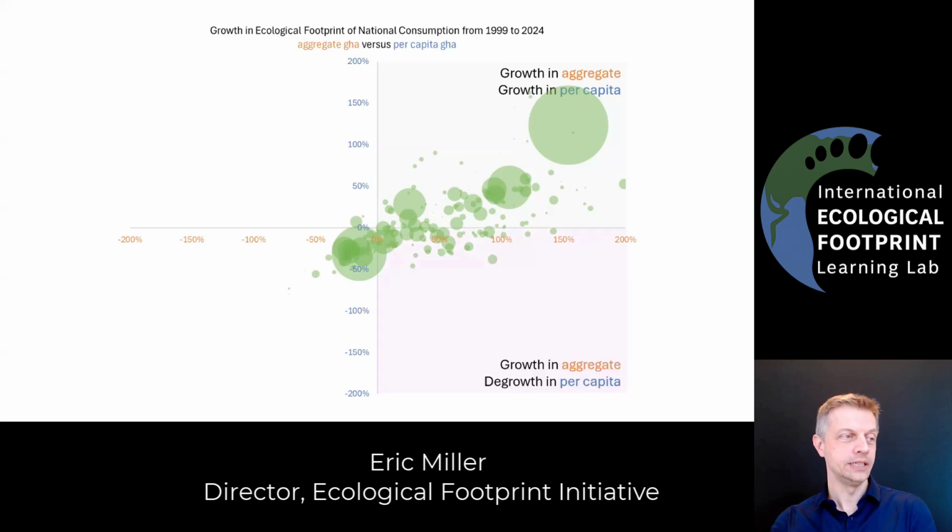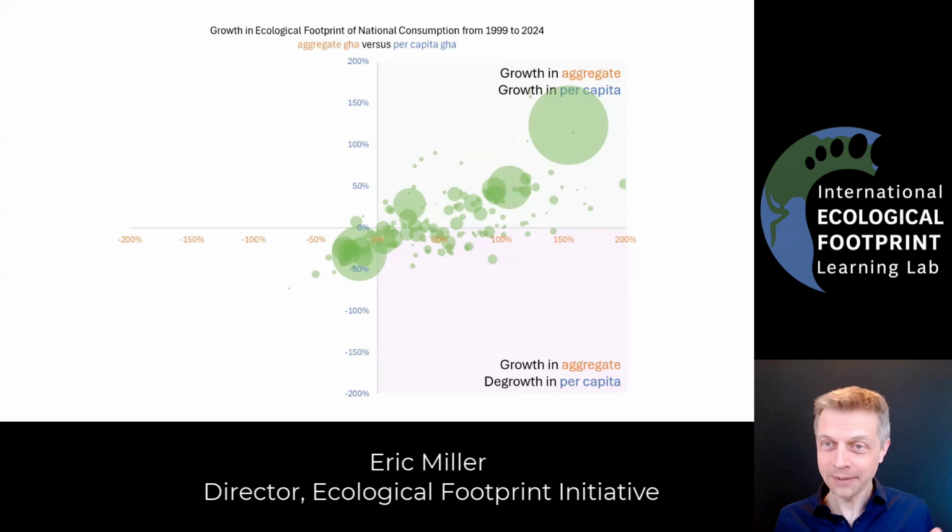This other quadrant is where we find countries that have had a growth in the aggregate national ecological footprint of consumption, but a degrowth measured on a per capita basis. And so this is where we have countries such as Canada and Brazil, for example.